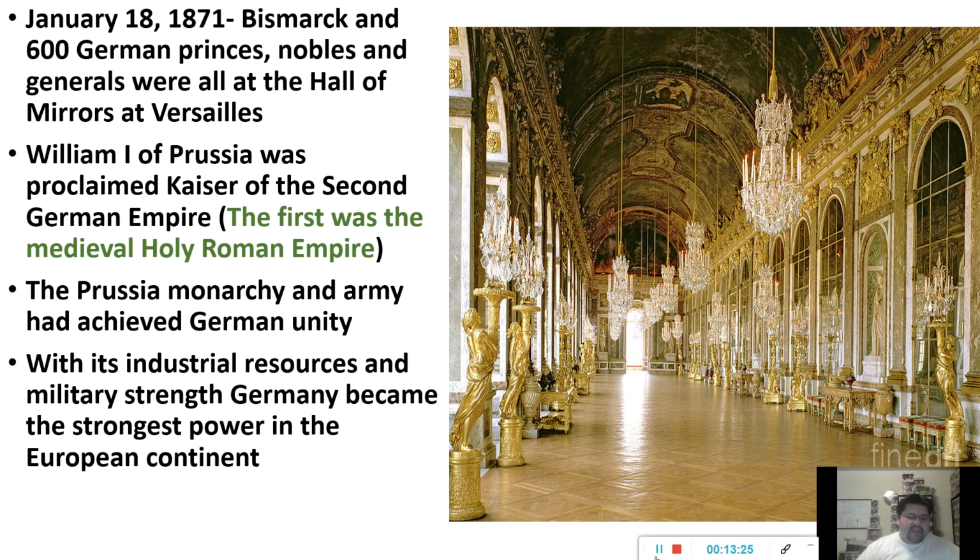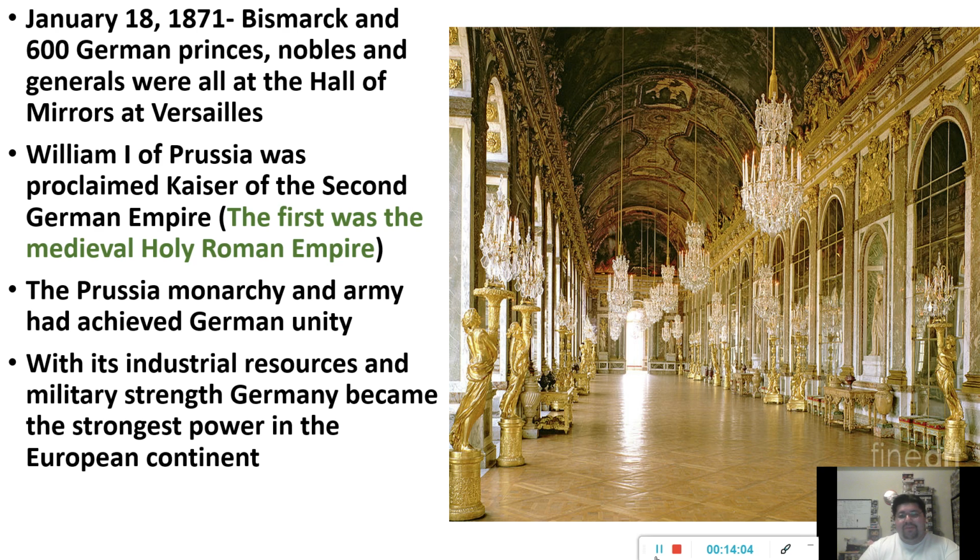One, the industry resources, meaning they had stuff to build things and stuff to buy things, and then they had military strength. So they had money, stuff to make things, and military strength. They became the strongest power in Europe. They surpassed France and Britain, which hasn't happened in over 1,000 years.